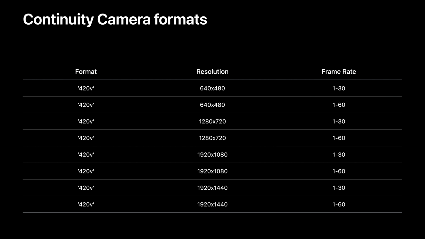It supports three 16:9 formats from 640x480 to 1080p, and one 4:3 format, 1920x1440. You can choose between formats supporting up to 30 frames per second or 60 frames per second based on the need.